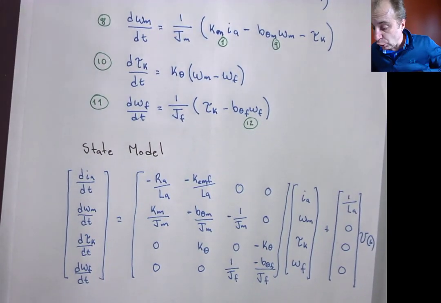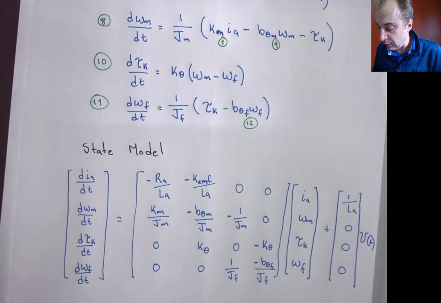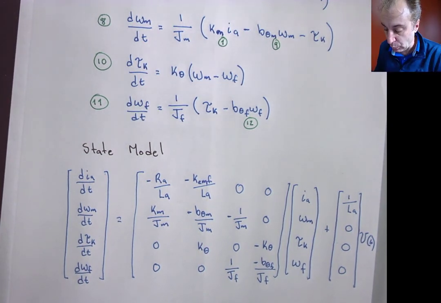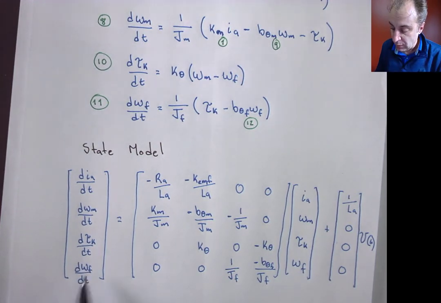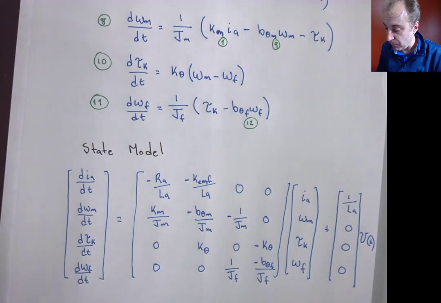And with that we conclude the model. So in this case perhaps what we're interested in is the angular velocity of the fans. That could be our output.